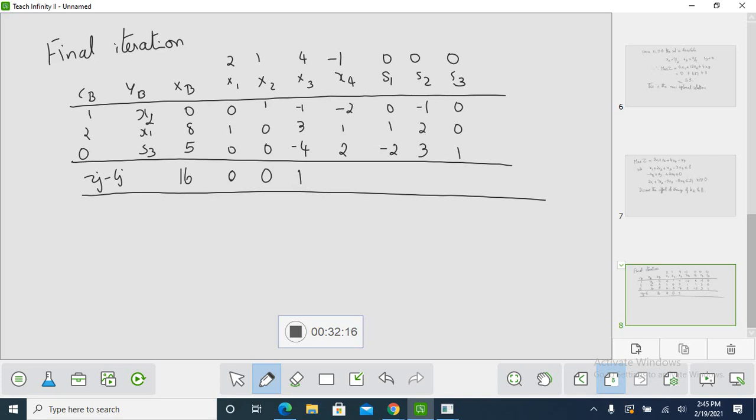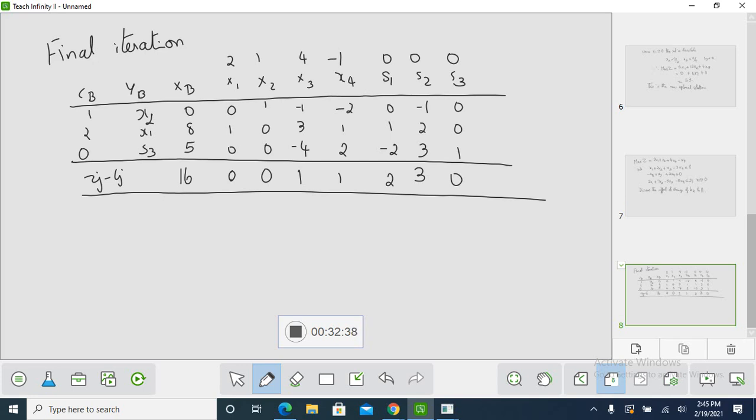Minus 2 plus 2, 0. Here value is 1. Then here it is 2. Here it will be 2 into 2 is 4. 4 minus 1, value will be 3. And here it is 5. Everywhere it is 0. So now we have got our answer.